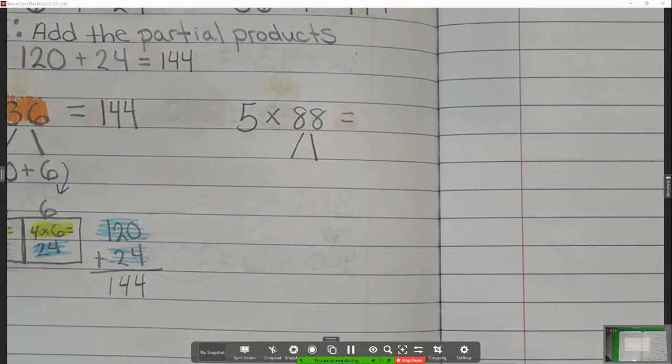How it's written in expanded form. How do I expand 88? Not sure? Let me ask a friend to help us out, okay? Quinn, how do I expand 88?